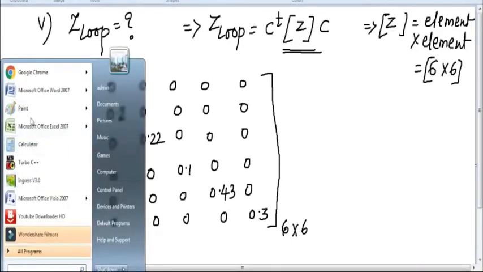So we have Z available with us, as well as we have C. So Z loop is equal to C transpose ZC. Now I will replace one by one the values of C transpose, Z and C. So C transpose, you all have the C matrix available with you.